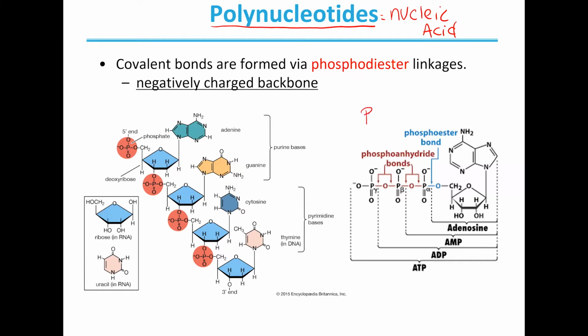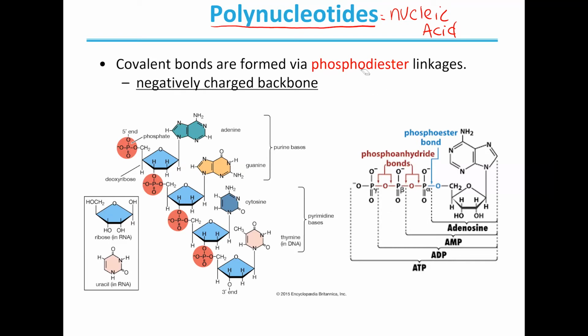So I'm going to remind you that normally our phosphate group is bound to our nucleotide here, but it has these two negatively charged oxygens on it. And it is going to use a negatively charged oxygen to bind to a second nucleotide.